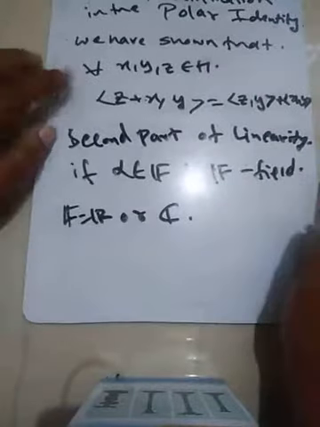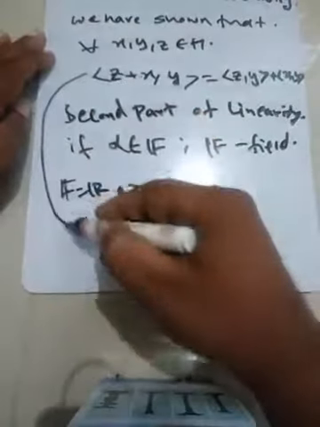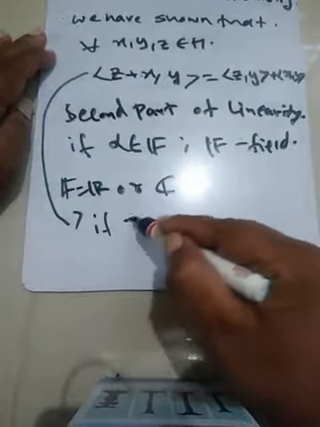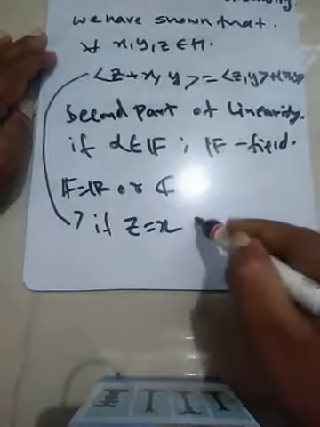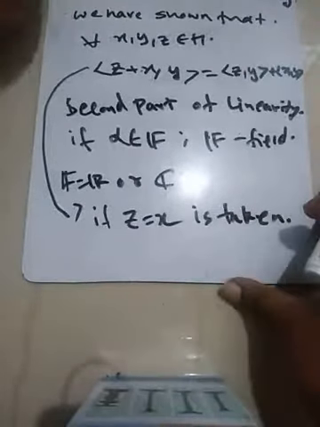What is this part? If you look at this part from here, if z is equal to x is taken, what do we get?